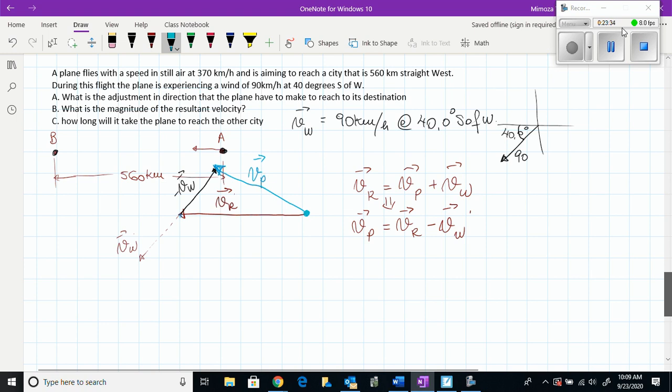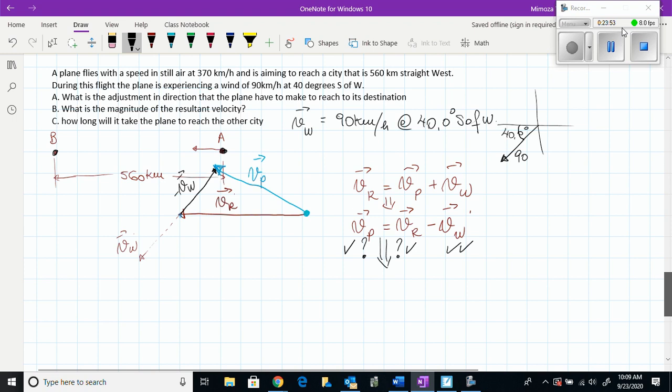In this relationship, what we know is that the magnitude of the plane's velocity is 370, but we don't know the direction. For the resultant, we don't know the magnitude, but we know the direction. And for the wind, we know both.